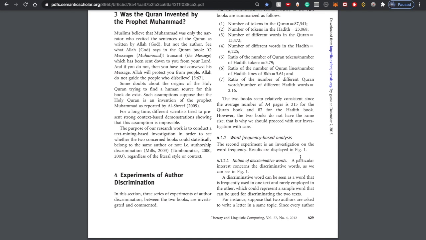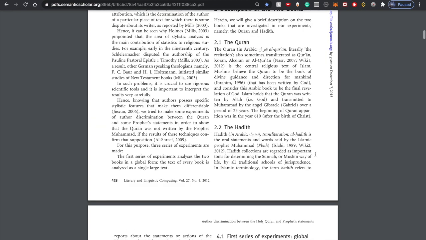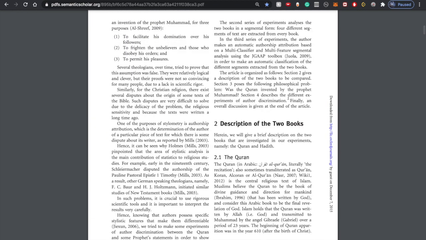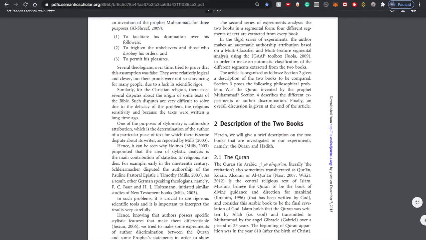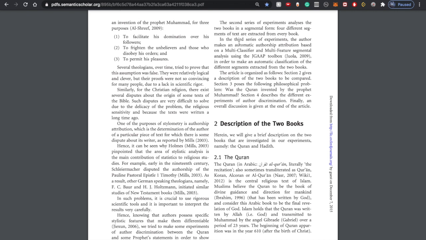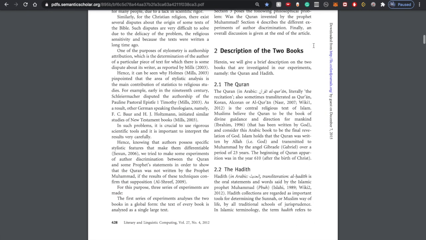The second part is looking at segmental analyses, like taking different segments, and I believe the third part is similar as well. Let me just see if I remember. Yeah, so in the third part they do different tests to make an atomic authorship attribution, so we'll go through that as well. So just looking at authorship from different tests.